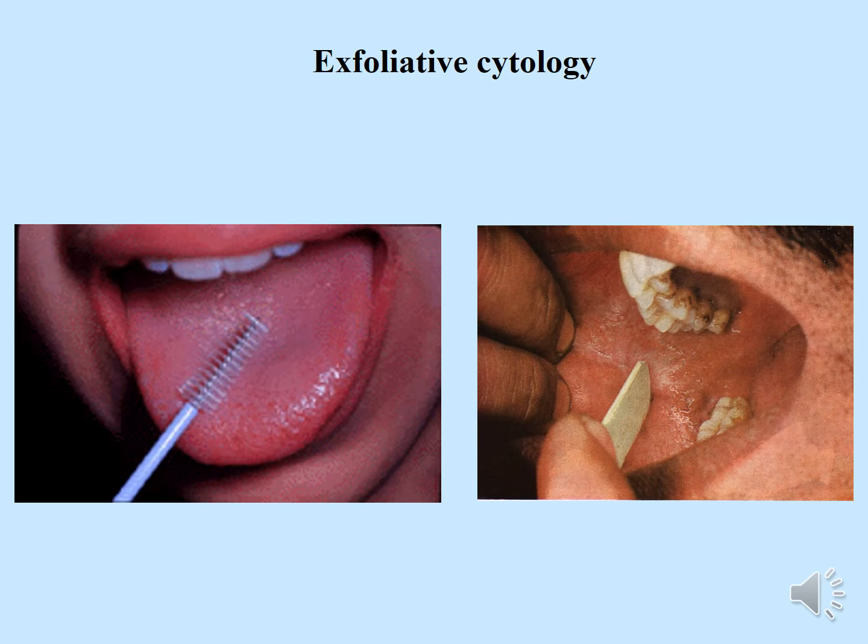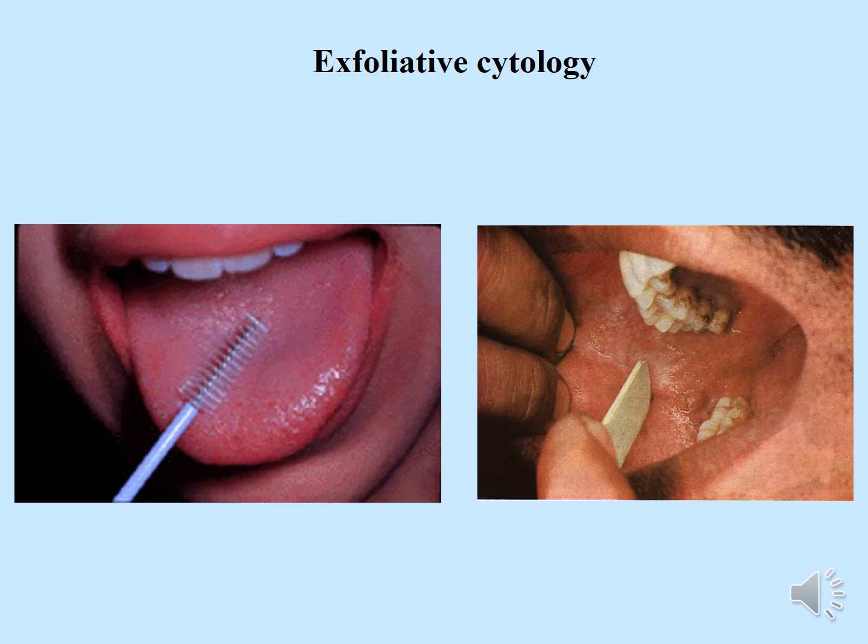Epithelial cells in the mucosa exfoliate once they mature. Okay, and the aim of this type of biopsy is to examine those cells that exfoliate or that can be scraped off under the microscope to be able to determine if there is any underlying pathology.